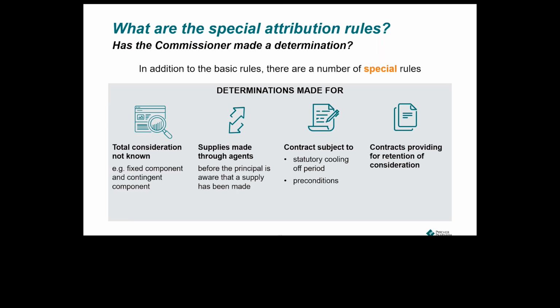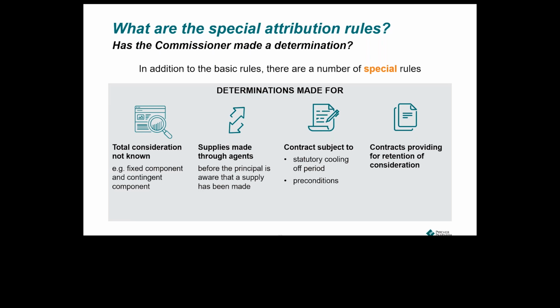There's a special determination that has been issued where the total consideration for a supply is not known. For example, where you've made a supply for consideration which has two components, one of which is fixed and therefore known up front, but a second component which may be contingent upon certain hurdles being met or events happening at some point in the future.